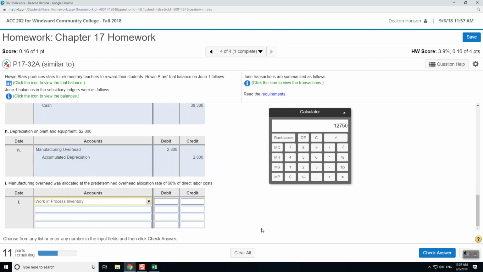So now the work in process is absorbing some of the overhead costs. But notice it's just the rate that we came up with. There's no per unit association. There's not like one star absorbs 50 cents of overhead kind of thing. In a way, it could be broken down that way.